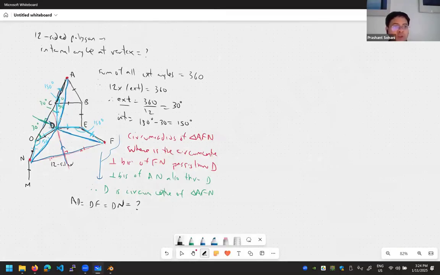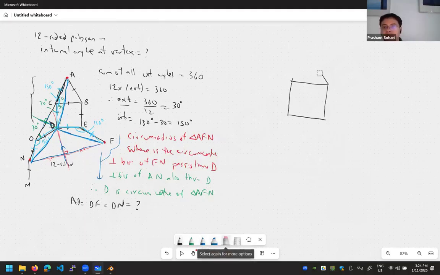So if I just focus on this upper part of the diagram, ignore everything else. Suppose I have just an equilateral triangle and a square. Okay, then in this, what is given is I know the length of the sides, right? I know all these are equal, and I know the value of that.